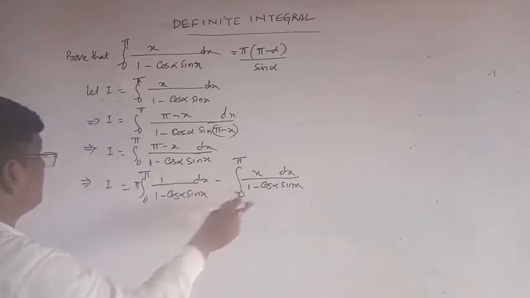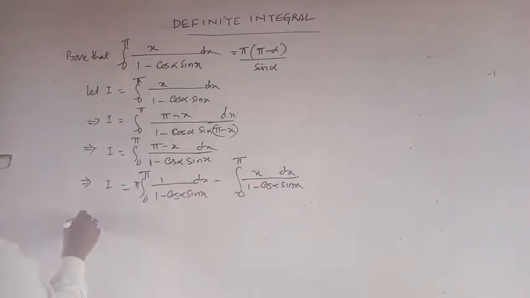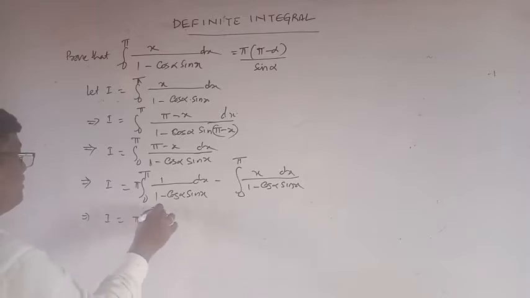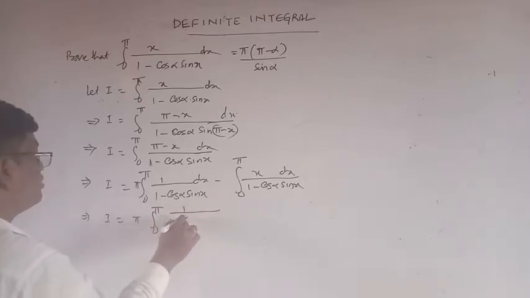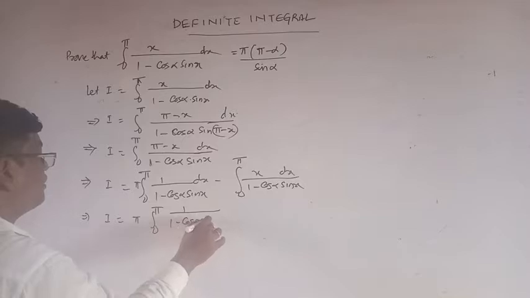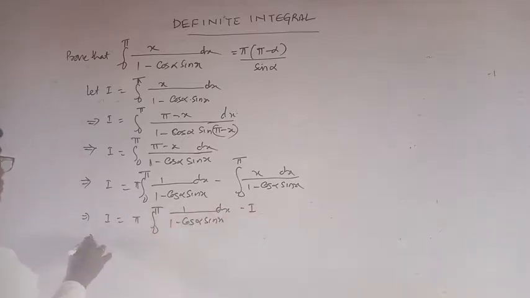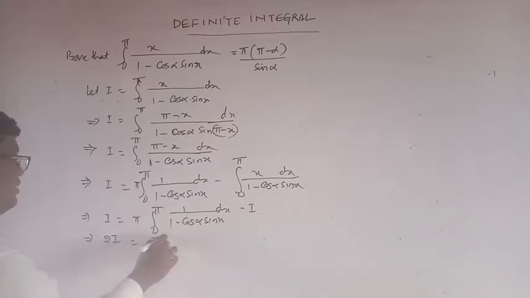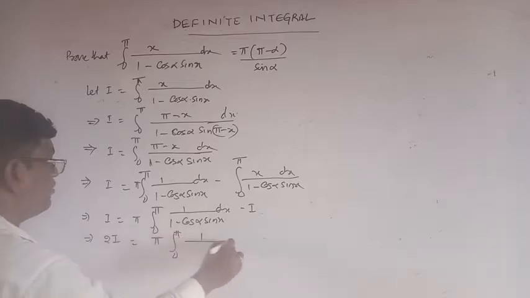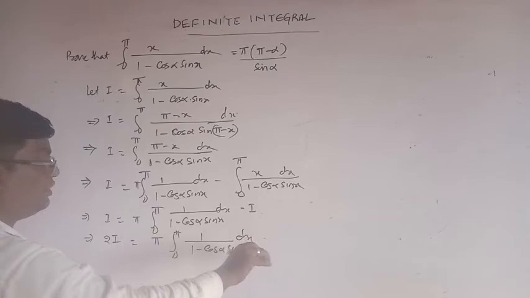This is repeated here, I. So I is equal to pi times the integral from 0 to pi of 1 by (1 minus cos alpha sin x) dx minus I. That implies 2I is equal to pi times the integral from 0 to pi of 1 by (1 minus cos alpha sin x) dx.